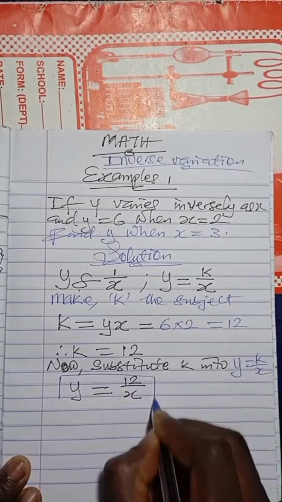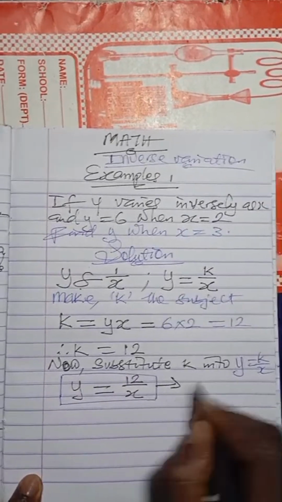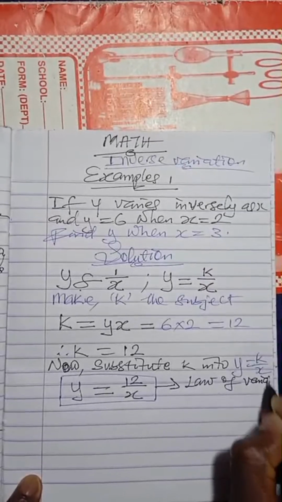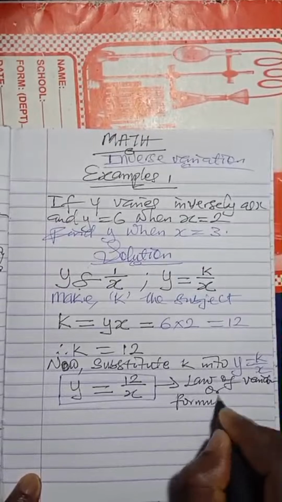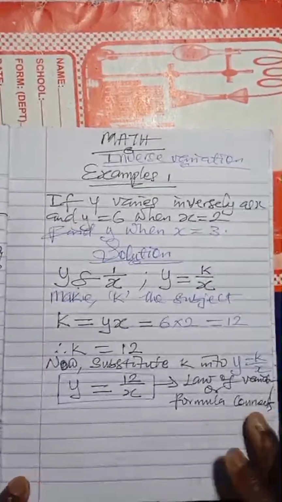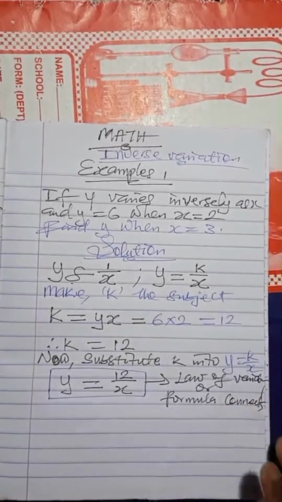This is what is called the law of variation, or we call it the formula connecting the quantities.